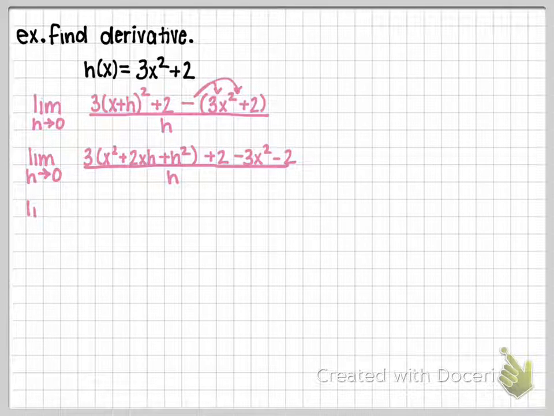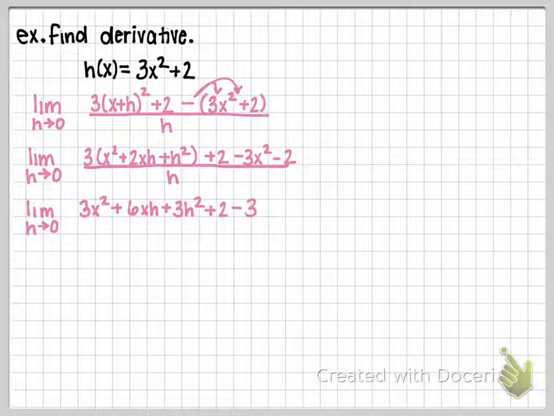Then I'm going to distribute out my 3. 3x squared plus 6xh plus 3h squared plus 2 minus 3x squared minus 2, all over h. So at this point, things start to subtract away, I'm sorry.